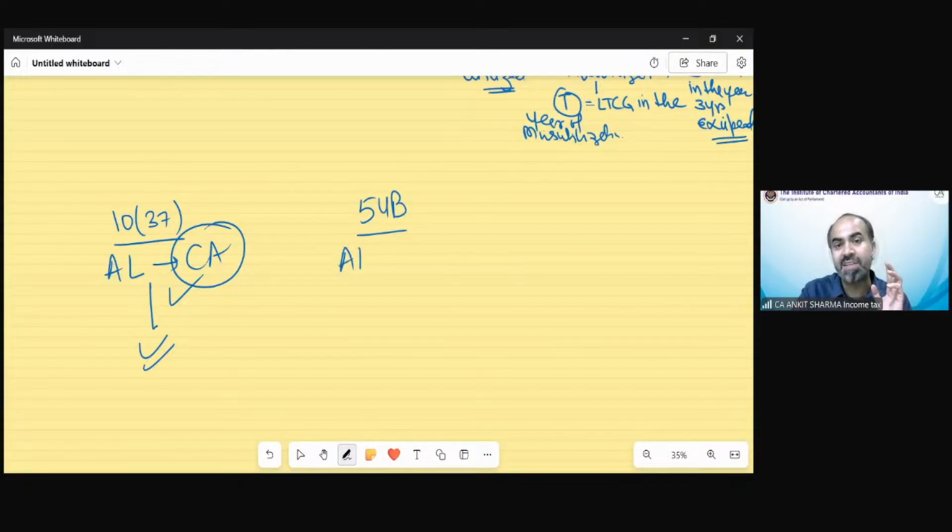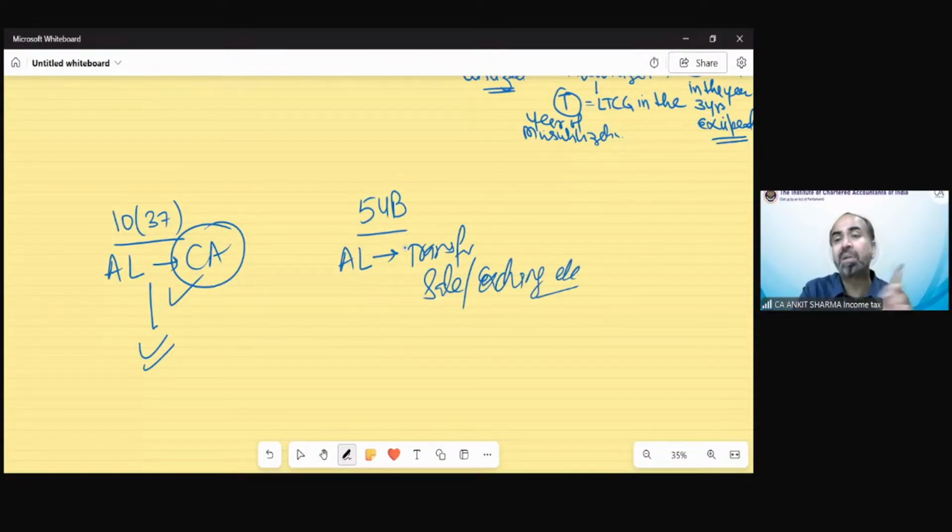It says if there is agricultural land and it is transferred, whether via sale or exchange, etc., not compulsory acquisition. If agricultural land is compulsorily acquired, then there is no need for section 54B because the gain is fully exempted. But if agricultural land is transferred as a sale, exchange, etc., then 54B will come into force.